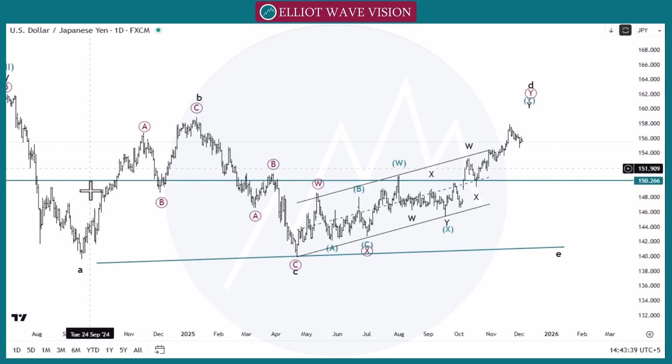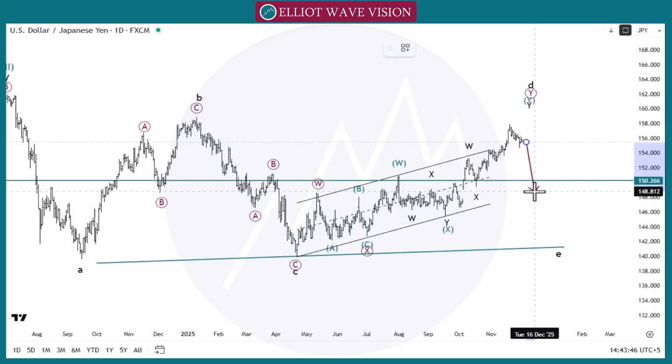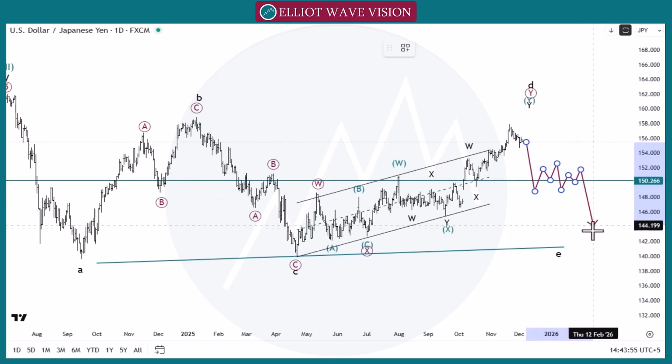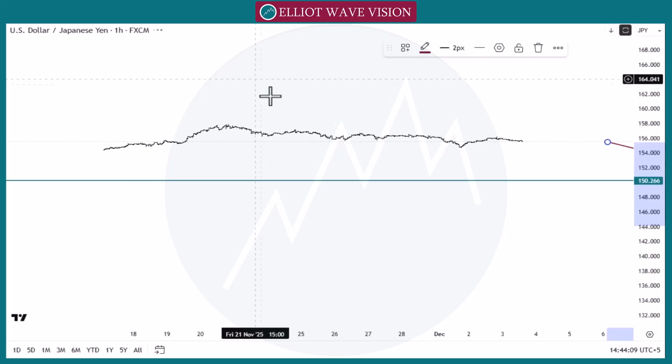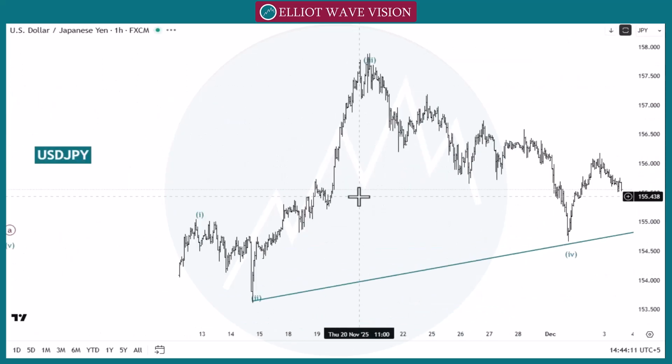So we count this move like A, B, C, D and E. So now the market goes like wave A, wave B and wave C. At this point the market gives us the arrival, reaction, first low below level A, B, C, then we will go towards the next number as a wave C. Or if we want to join this leg, then we need to wait for the pattern in the 1 hour time frame at 155. So let's check the lower time frame.